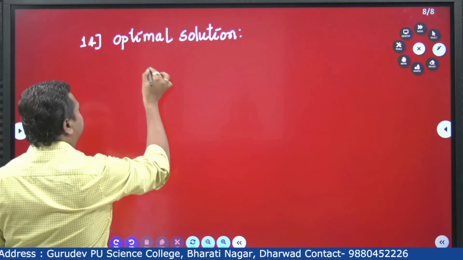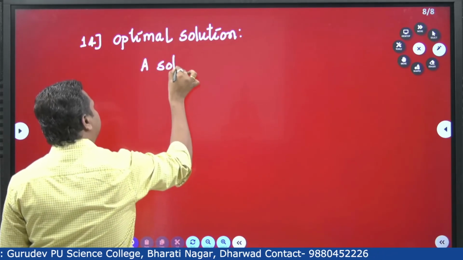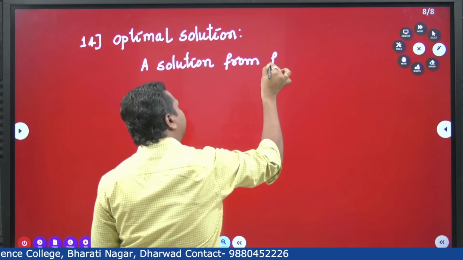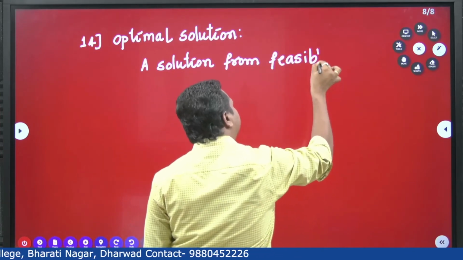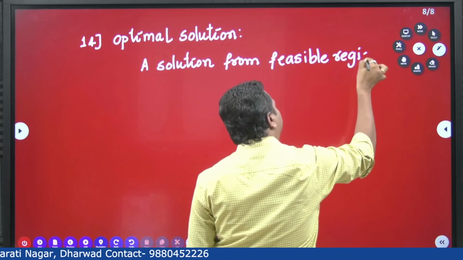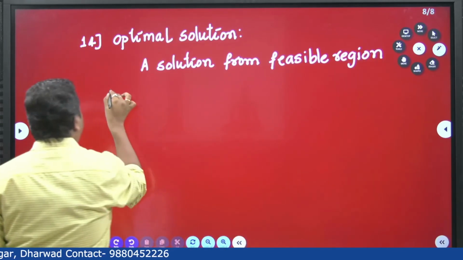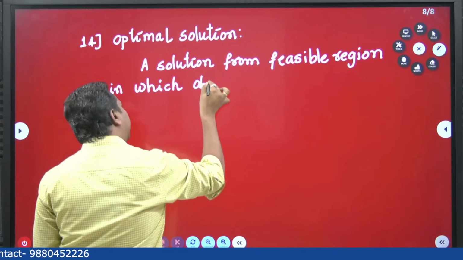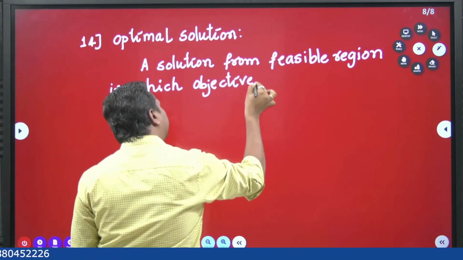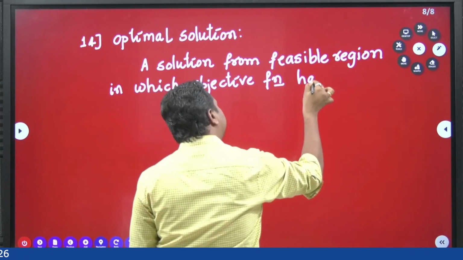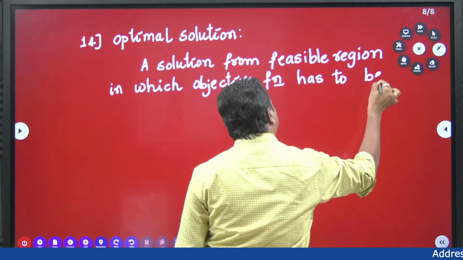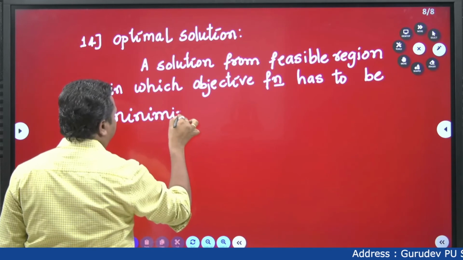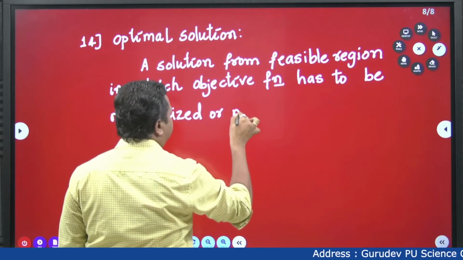So this is nothing but a solution from the feasible region in which the objective function has to be minimized or maximized.